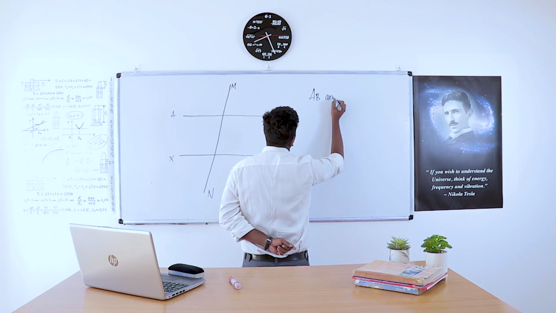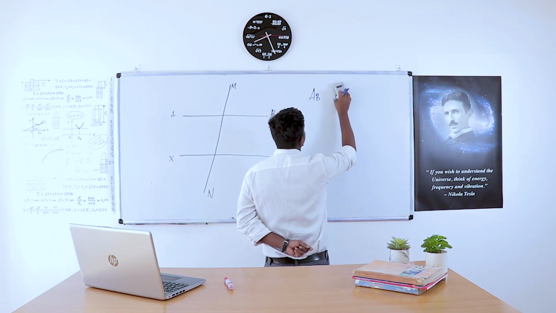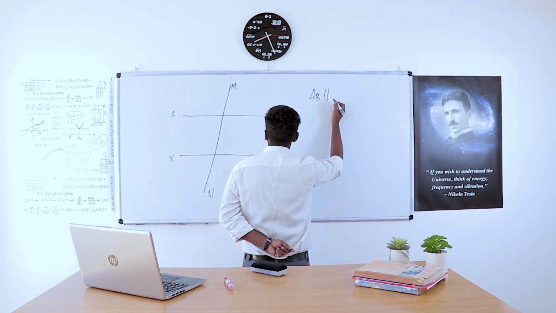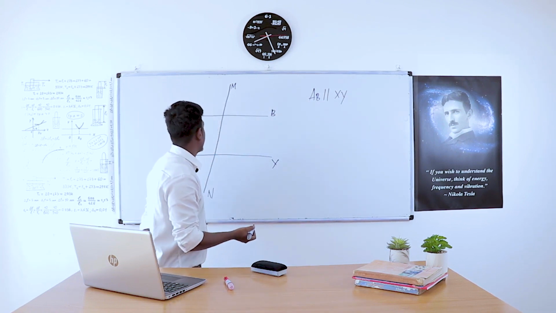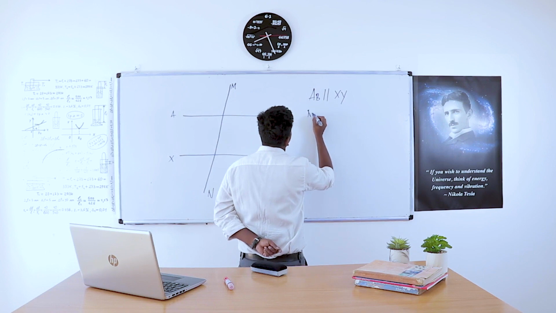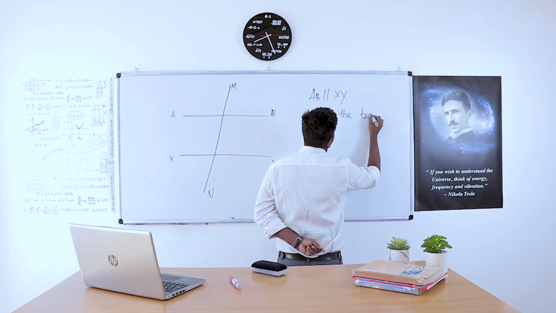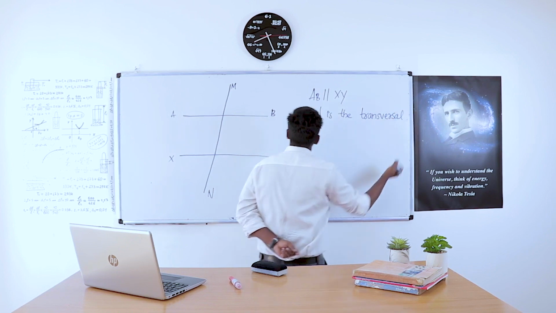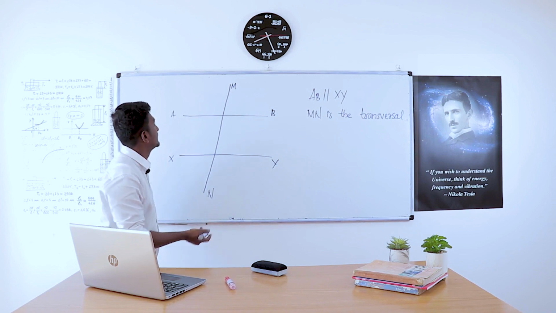In mathematical form, we can write AB parallel to XY, and MN is the transversal.